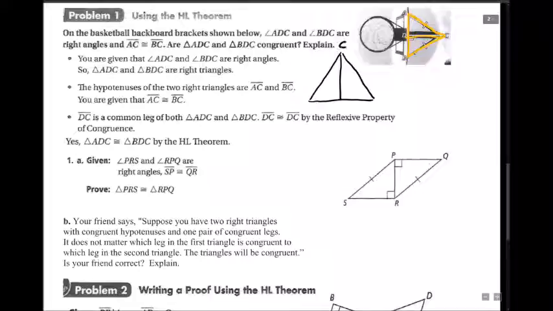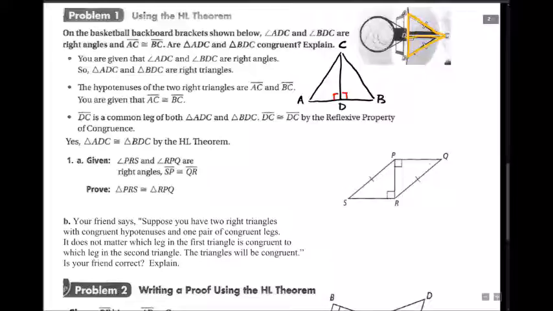And this is point C here, and D, and A, and B. And what are we told? That angle ADC and angle BDC are right angles. So these are right angles.